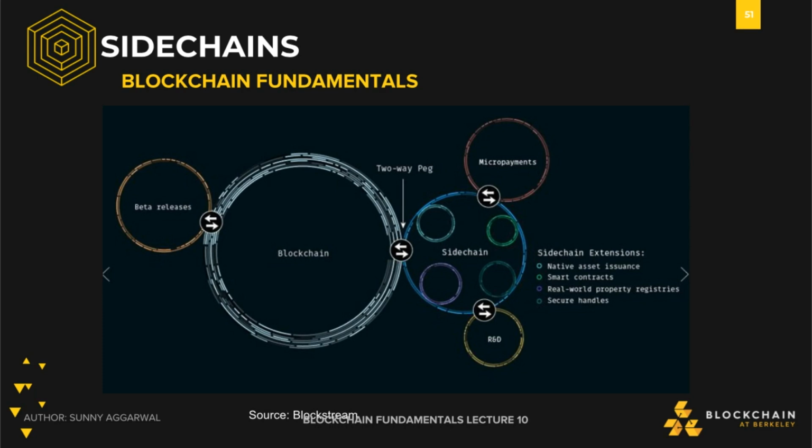Now, if you want to come back from, say, your micropayments chain back to the Bitcoin blockchain, you just need to prove that you sent your micropayments sidechain Bitcoin to a locked address, and then you can get the same amount of Bitcoin back. However, the whole concept of sidechains has a lot of security issues.